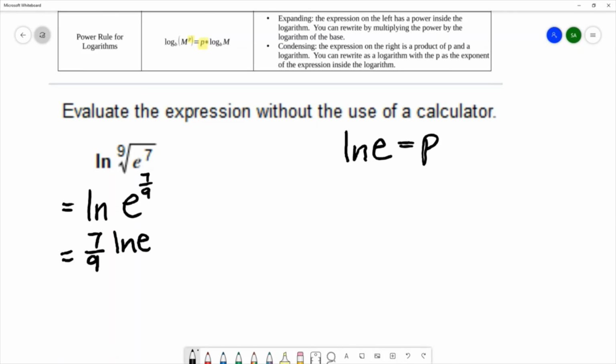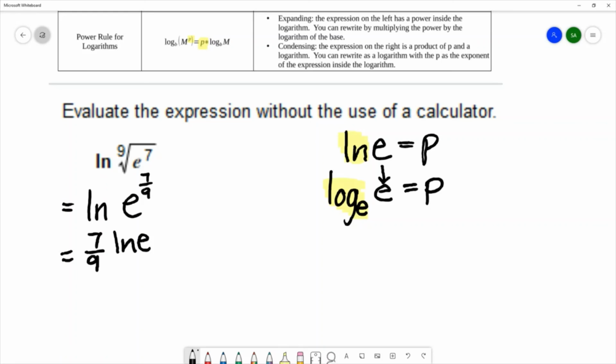I know that natural log has a meaning of log with the natural base of e. So the symbols natural log are the same as log base e. Carrying down that e that's inside the log, I get log base e of e equals p.